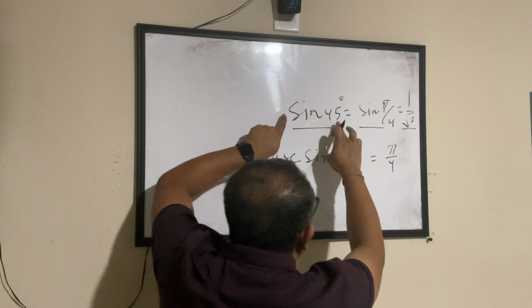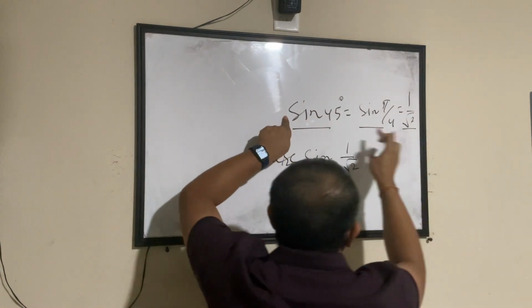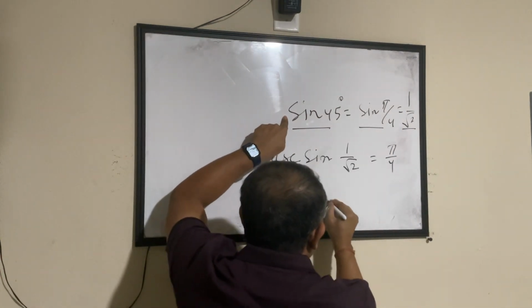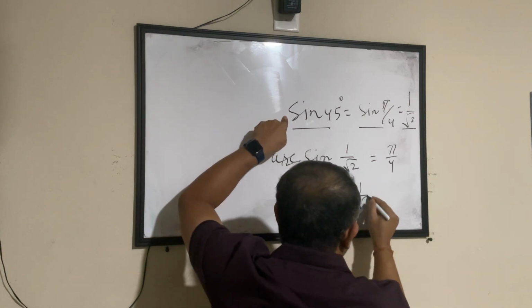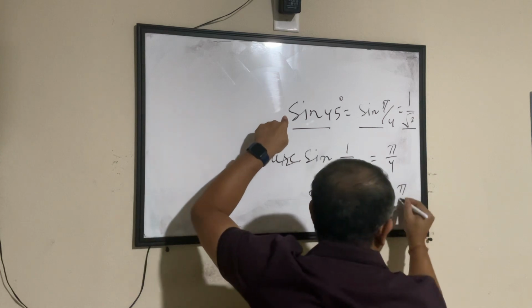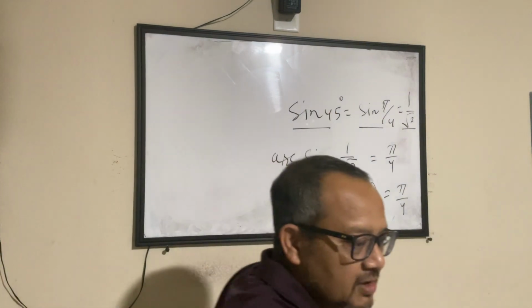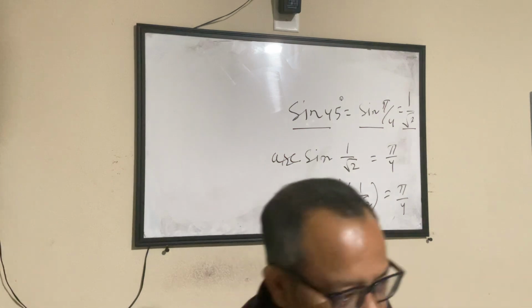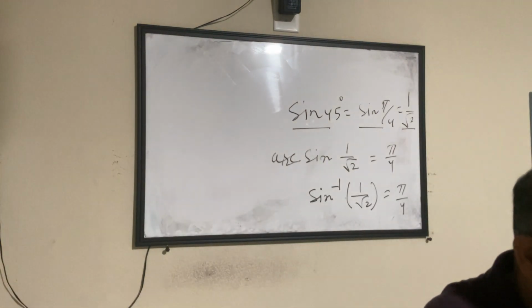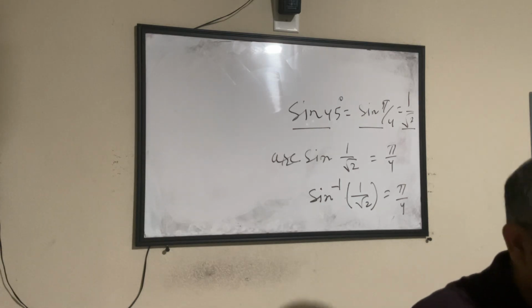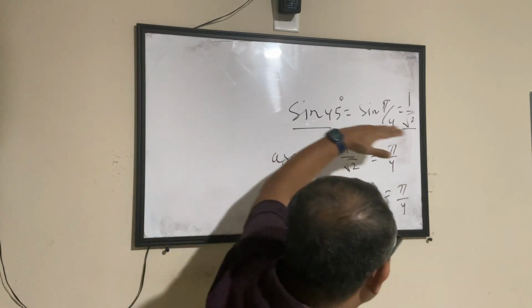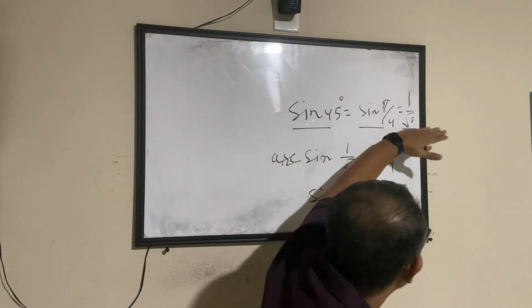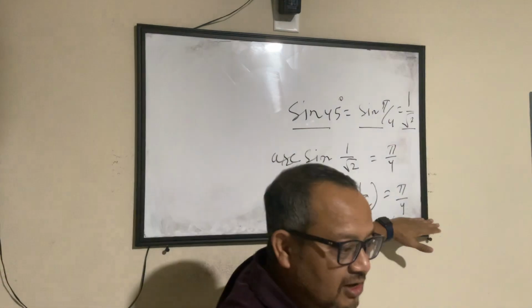Meaning, if sine of 45 is 1 by root 2, you can also write this as arc sine of 1 by root 2 equals pi by 4. So it's another way of looking at sine, cosine and tan in the inverse direction, meaning sine of something is some value, so what is the inverse of this value in terms of degree or angle?